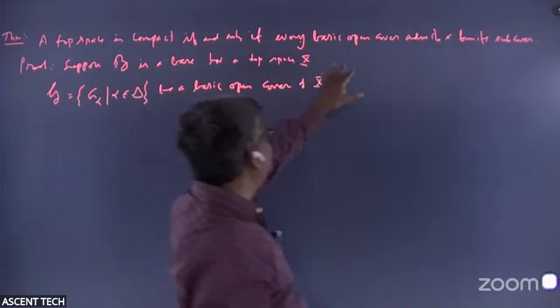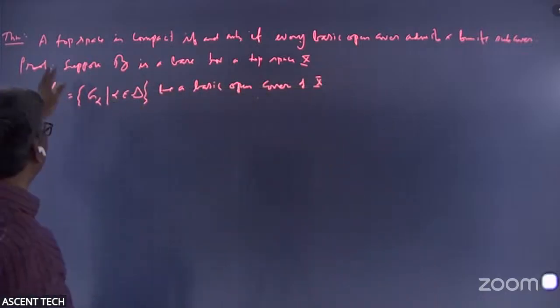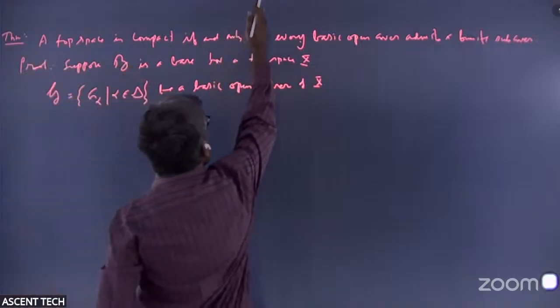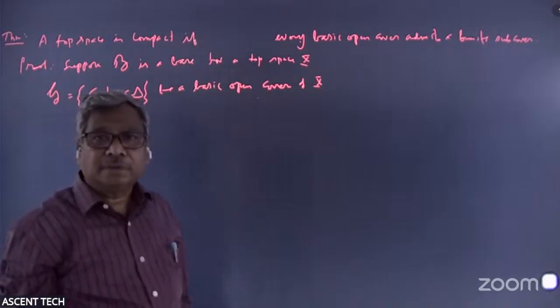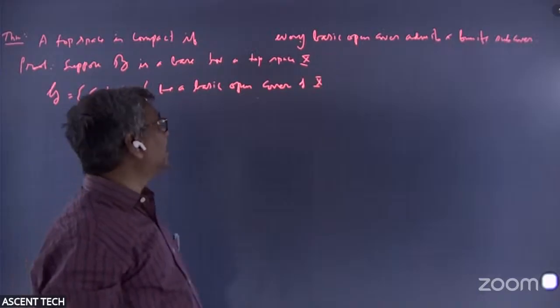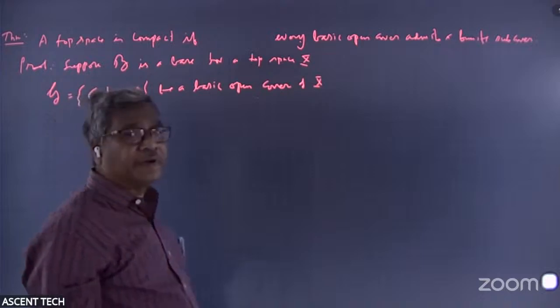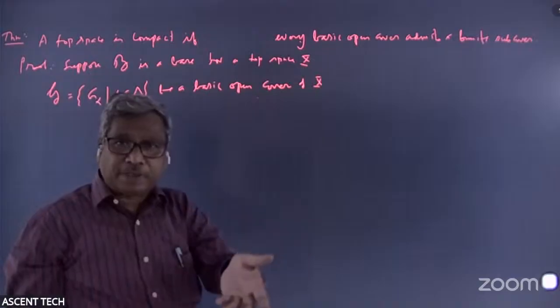I will assume this condition, and prove. You're proving only one side. The other side is obvious: if a topological space is compact, then every basic open cover admits a finite subcover. I only want to prove this part. The other part is obvious.